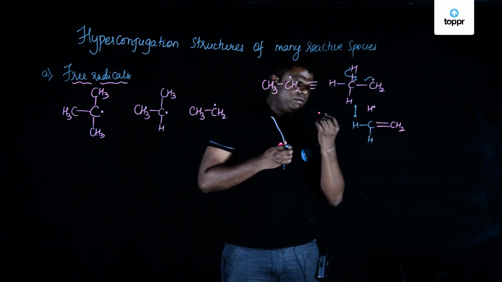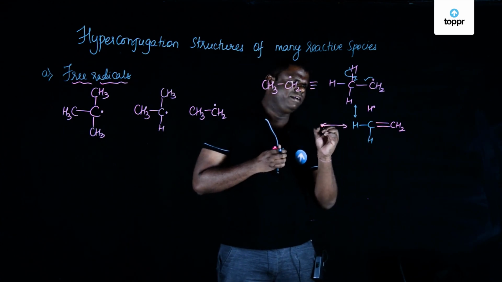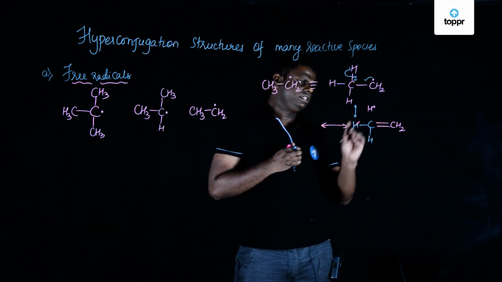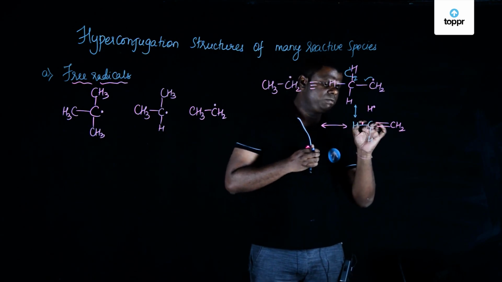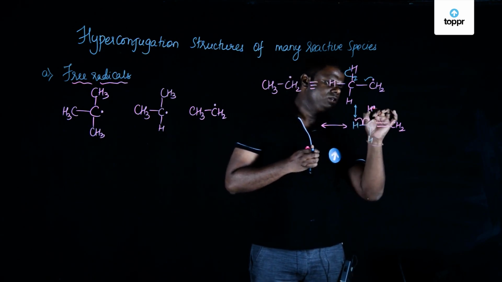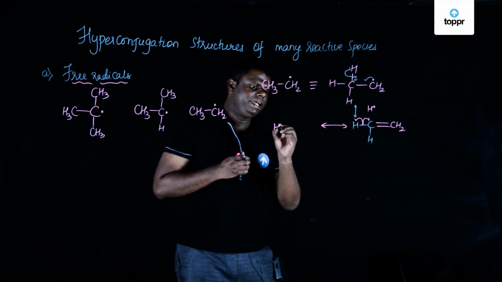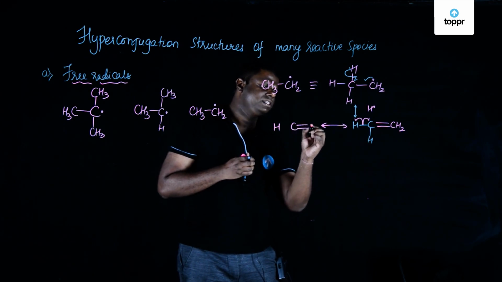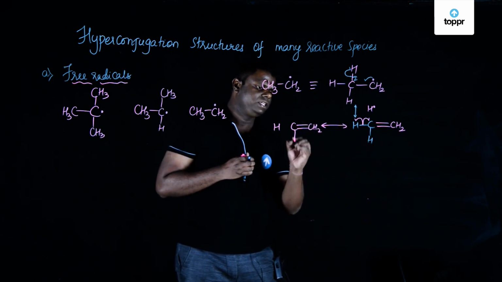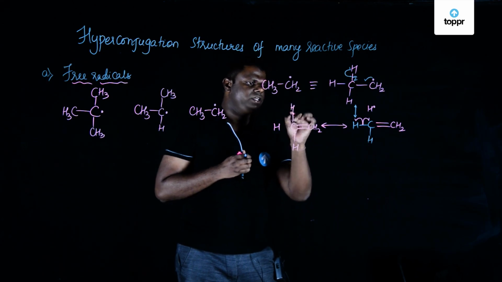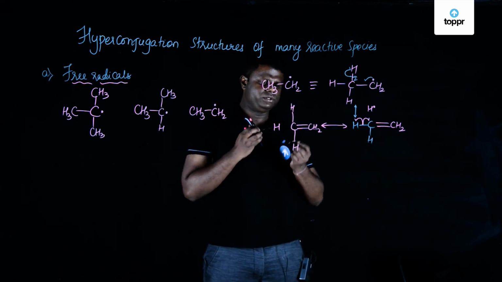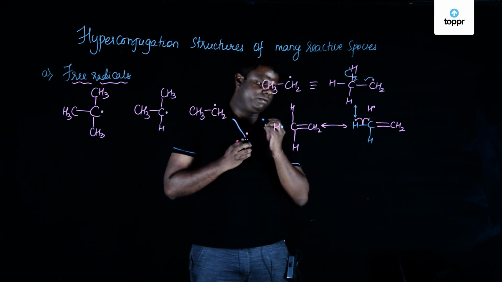Now, what exactly is going to happen in the second resonating structure? In the second hyperconjugation structure, this bond would undergo homolytic fission, so these two electrons would be forming a bond. I would have something like H, connected to C, CH2, and then there is one H here, one H here, and there could be a radical sign over here.